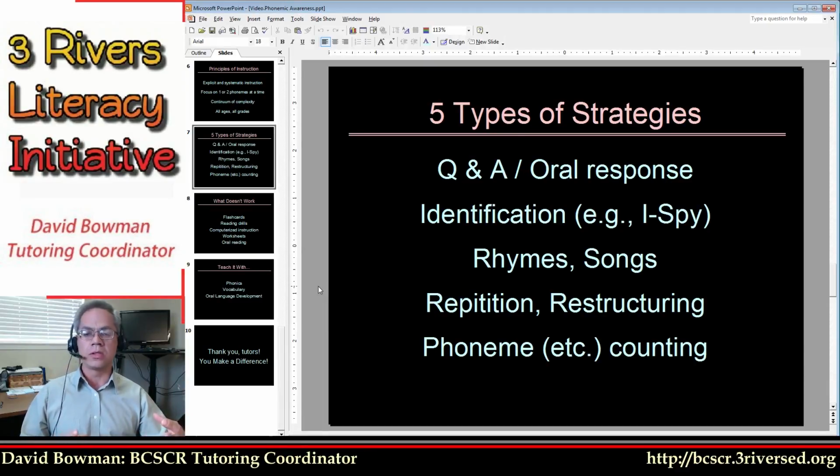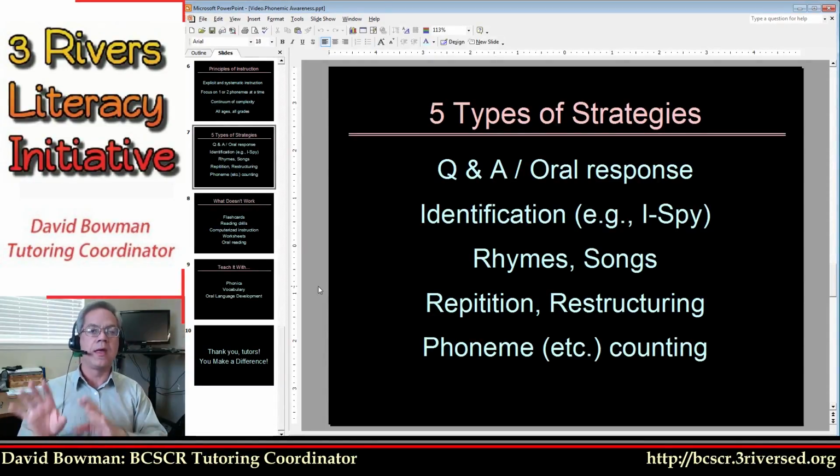And as we get to the older grades, we might be looking at syllables within words, or we might be looking at that natural sort of rhythm, the natural music of the language. Where are the accents in these words? I thought I saw a little dog. Okay, I just made that up. So we can see that this whole counting and identification really does get to a more sophisticated level.